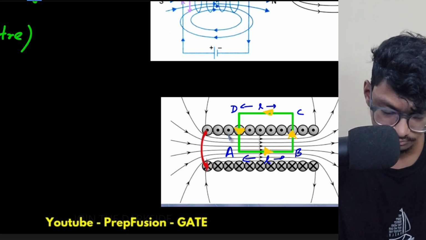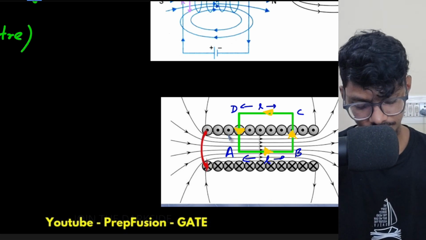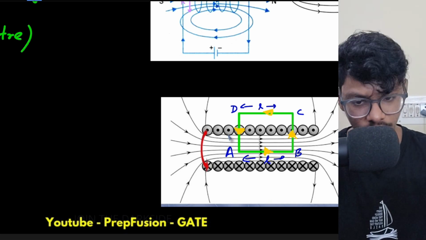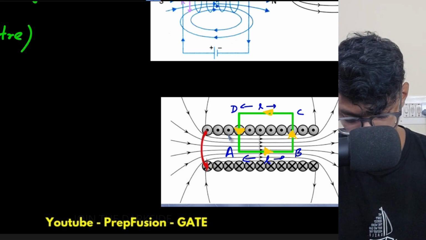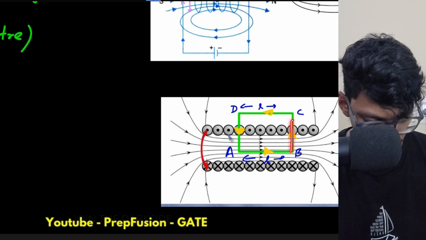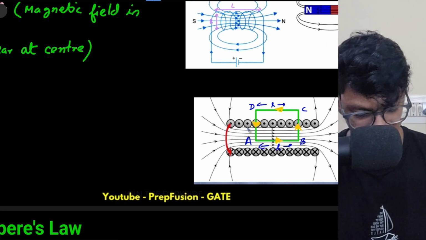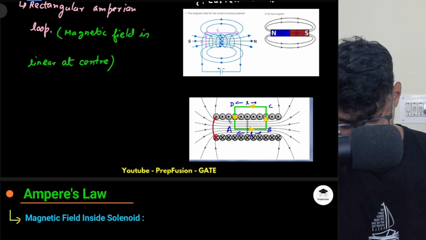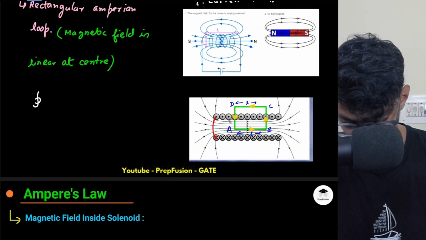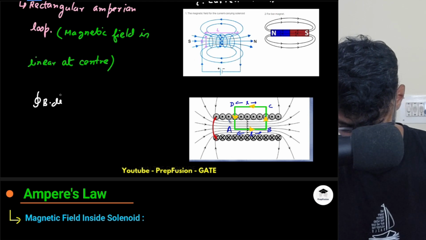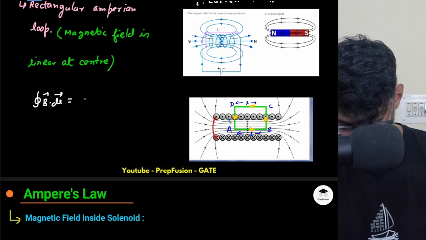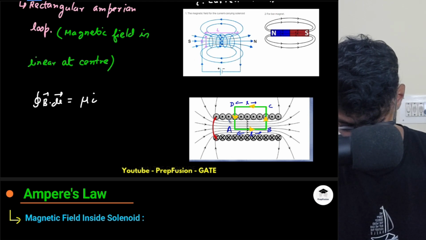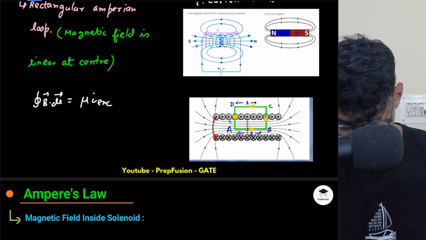Now can you tell me what the magnetic field will be here? There will be 4 sections here, right? So if I apply Ampere's law, the integral of B dot dl equals mu times I enclosed.